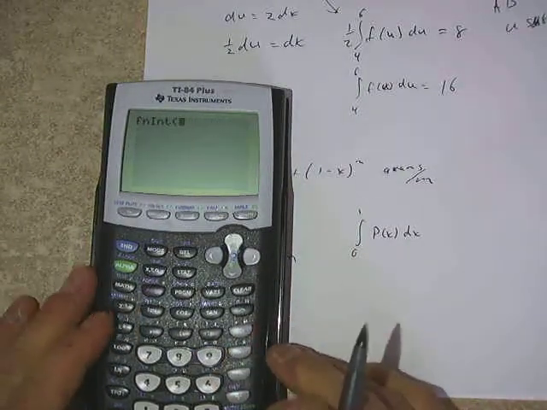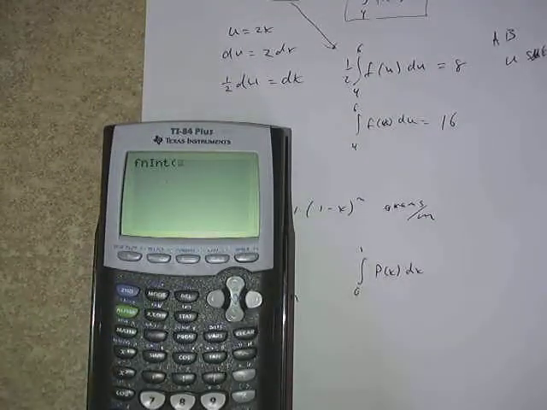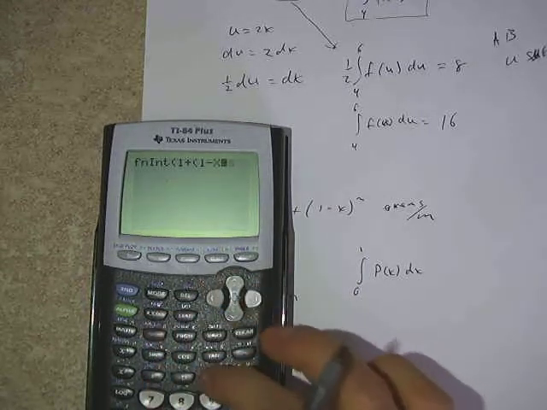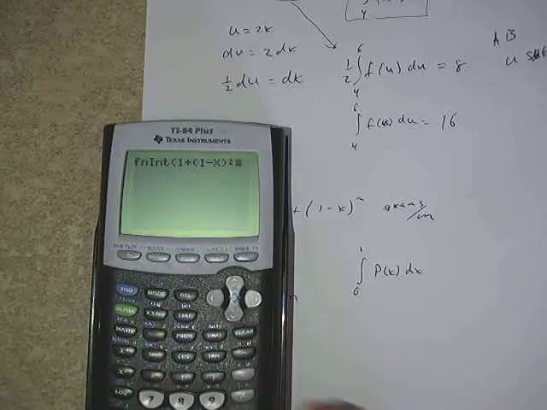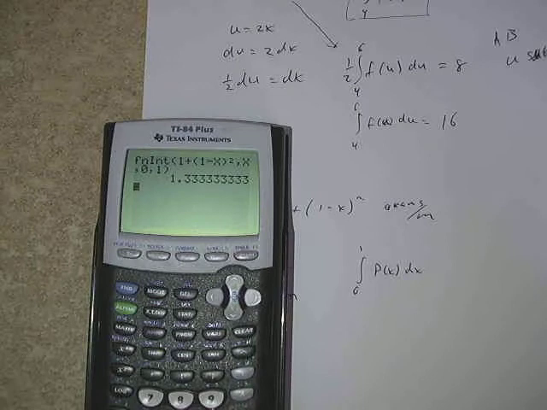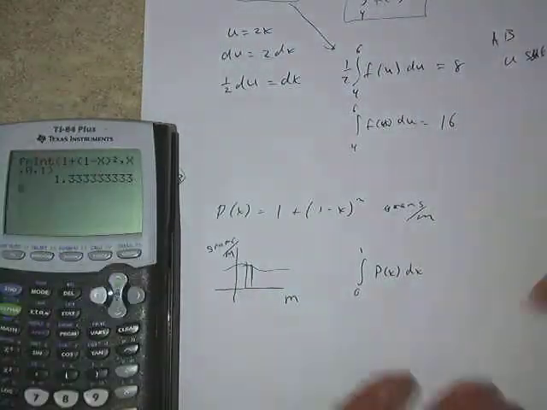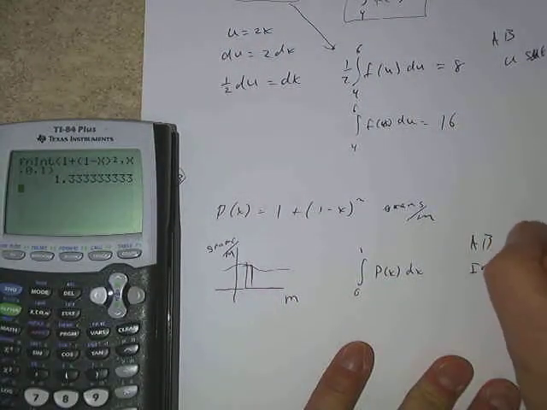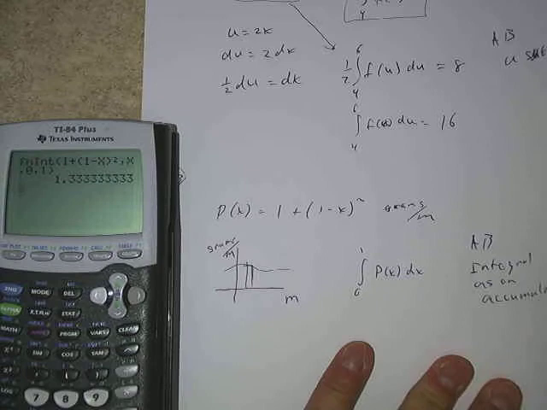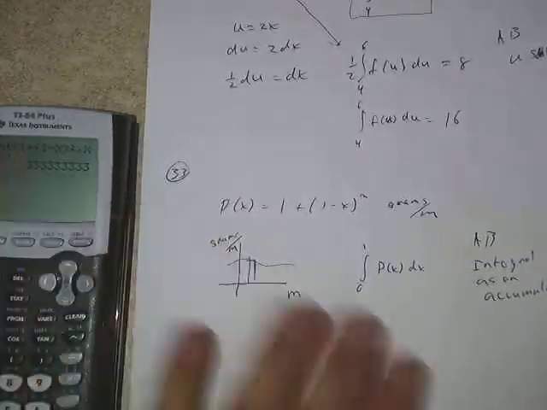So if we calculate, we have our integral of 1 plus... we get 1 1/3, which corresponds to letter B. Well, that would be an AB problem also, just an integral as an accumulator.